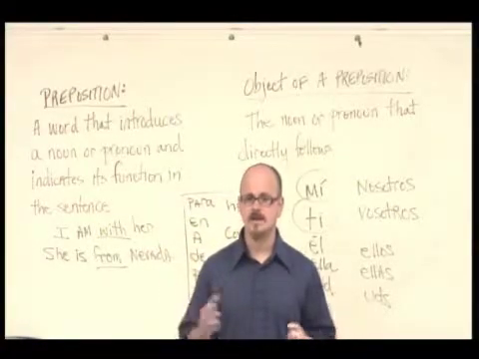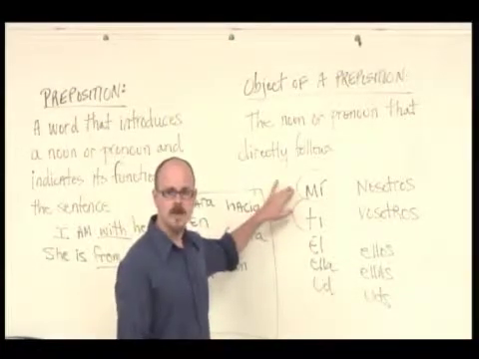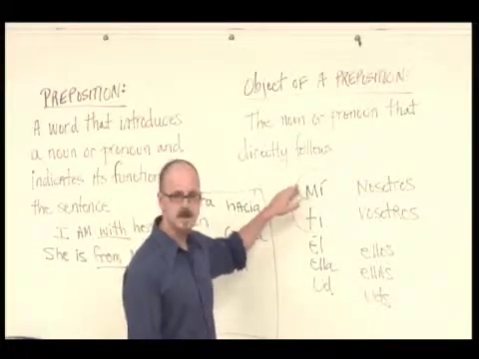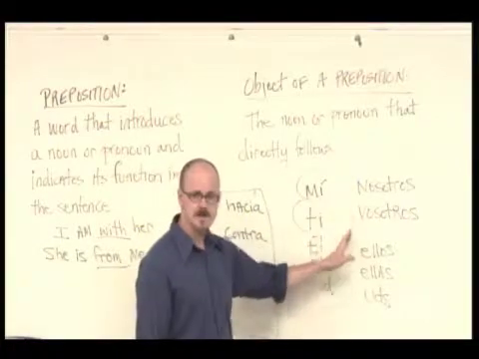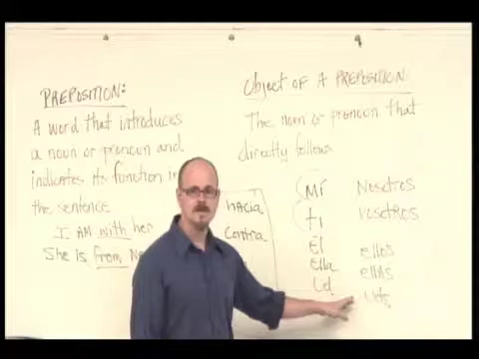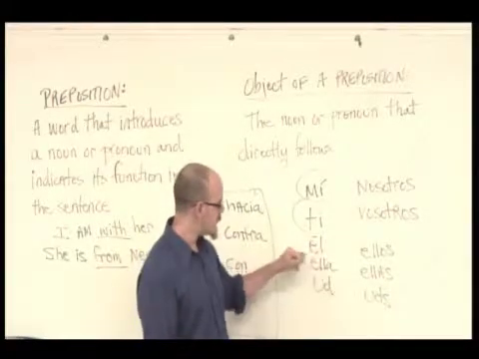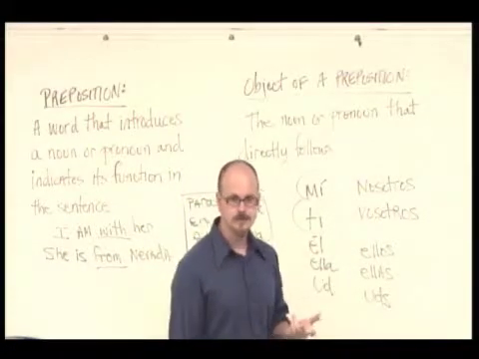It's the only place in which they're different. So we have mí instead of yo, and ti instead of tú. Notice that mí has an accent, ti does not. All of the other pronouns as objects of prepositions are the same as the subject pronouns that we saw all the way back in chapter 1. Okay, so still él, ella, usted, nosotros, vosotros, ellos, ellas, ustedes.